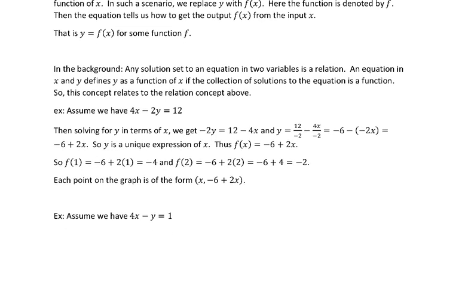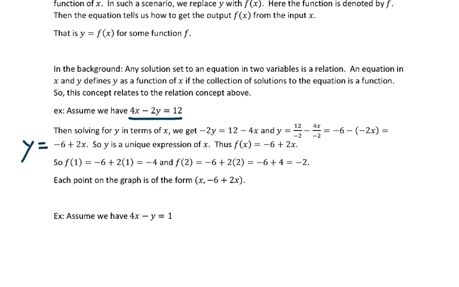So as an example, if we go to this example here, remember, you can solve for y in terms of x from here, and that's what I do over here, and you end up getting y equals negative 6 plus 2x.